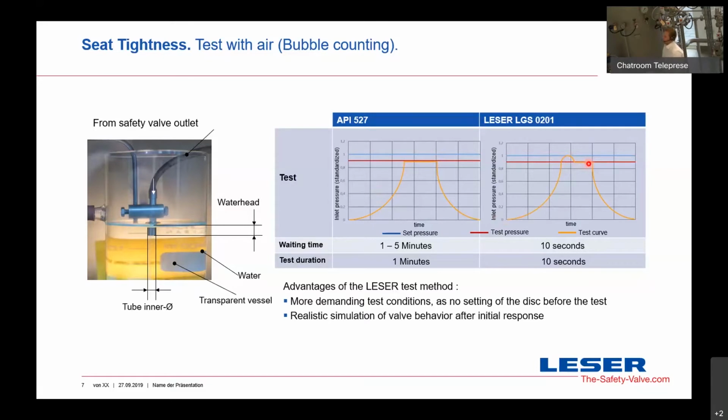And why do we go to the set pressure first? Because we say this is a realistic simulation of safety valve behavior. The safety valve must open first, then the safety valve closes, and then we see if the safety valve is tight or not. And this we want to do now in our LESER chat room.